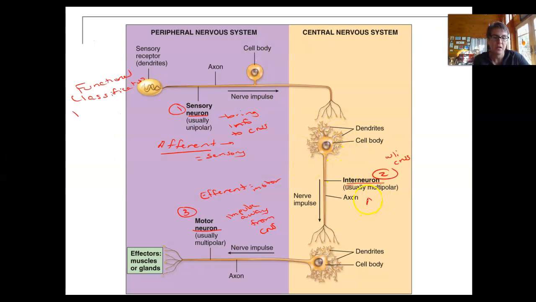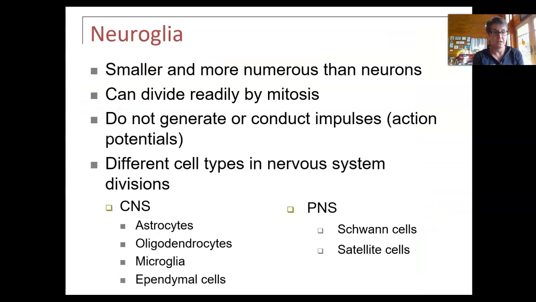I guess I should throw that in there. I don't really like that one, but I guess I will have to take that on the test. They're between neurons, so they're typically in the central nervous system. So that's another way that we can talk about neurons. Am I a sensory neuron, an interneuron, a motor neuron? I'm much more comfortable talking about that because that gives me a direction of what's going on. Okay, all right. So that's my neuron, the anatomy, the different kinds.